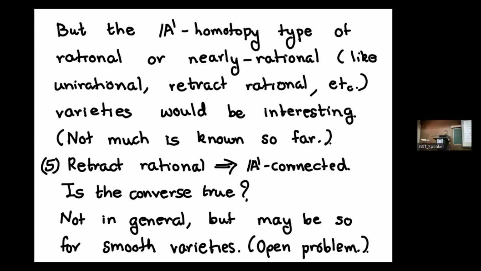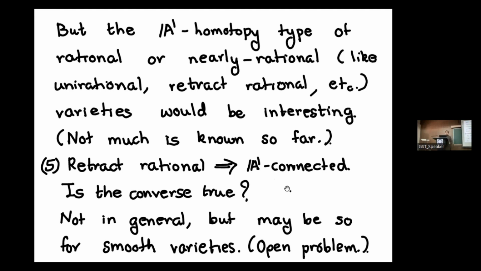I mean that pi naught A1 is trivial. It's a point. So retract rationality implies A1 connected, but the converse we don't know. We kind of hope that it might be true, because if it is true, it will give us some very nice understanding of what connectedness is.